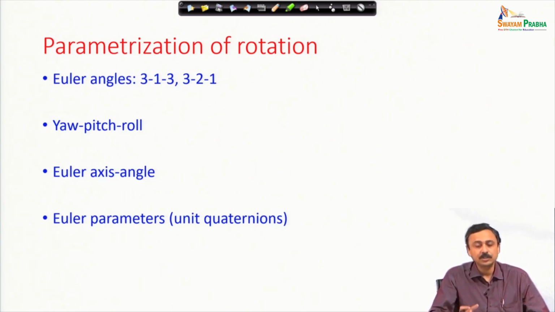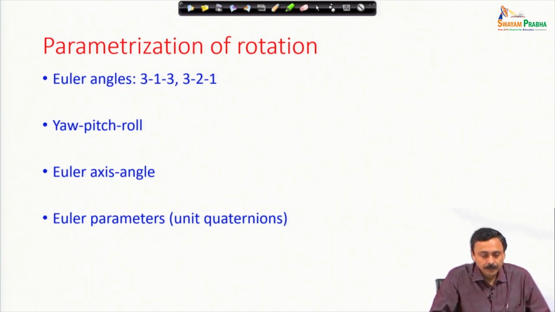That means first rotation is about z0, second about y1, third about x2. We have already looked at yaw pitch roll, which is also a parametrization. We will look at Euler axis angle parametrization and Euler parameters, which are also known as unit quaternions.